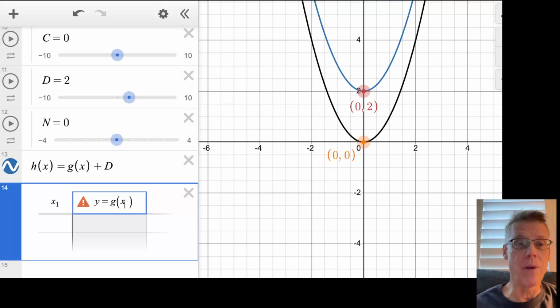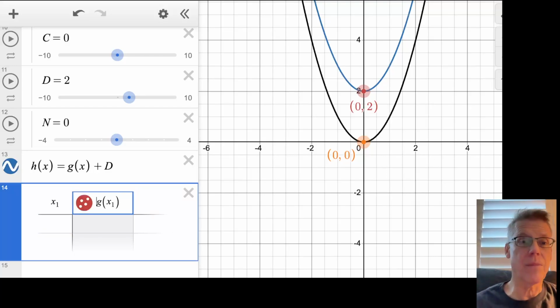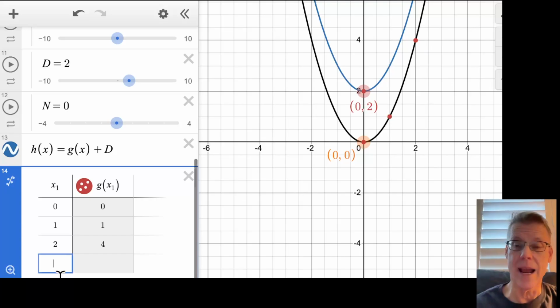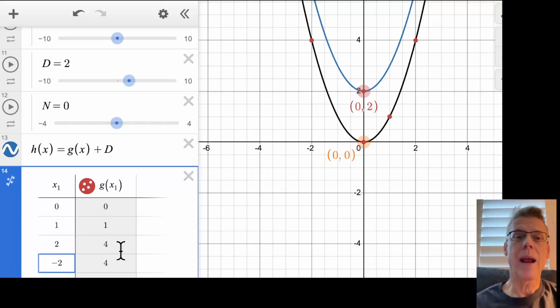I have to remember g of x1. There we go. So when I put 0, I get 0, and when I put 1, I get 1, and when I put 2, I get 4, things like that. That's this original function, and you see these dots on here, and I'm going to go ahead and put negative 2 as well.